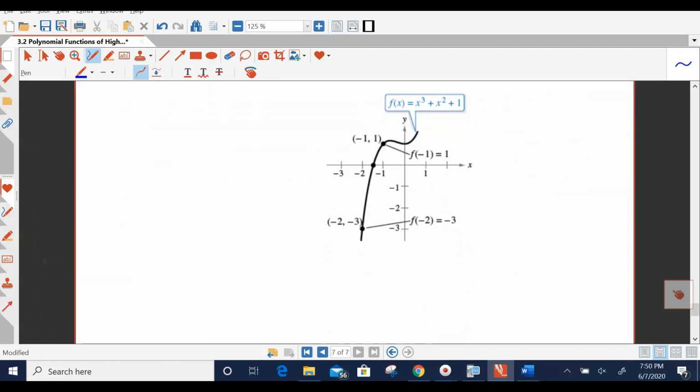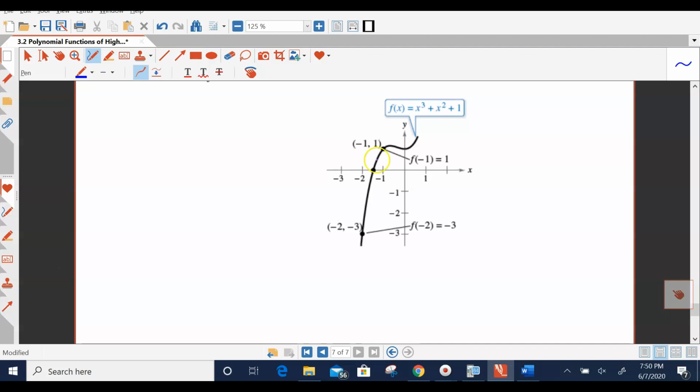If we look at that right here, you'll see at -1, I'm up here. At -2, I'm down there. The change in my y values from positive to negative, or negative to positive, however you look at it, tells me I am guaranteed an x-intercept between those values. That's the intermediate value theorem, and that is section 3.2. As always, if you've got questions, let me know. I am happy to help.